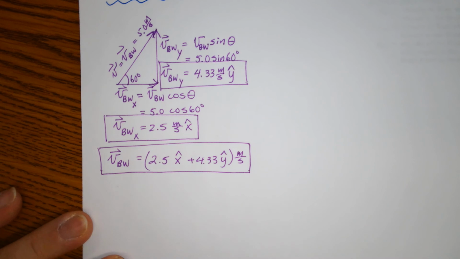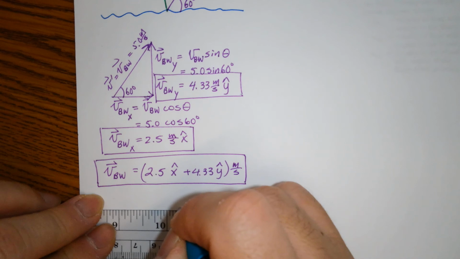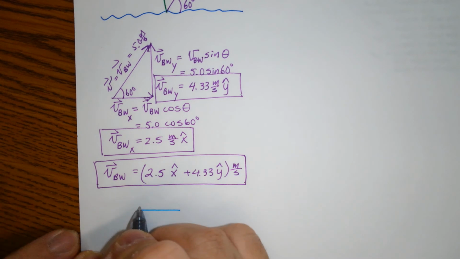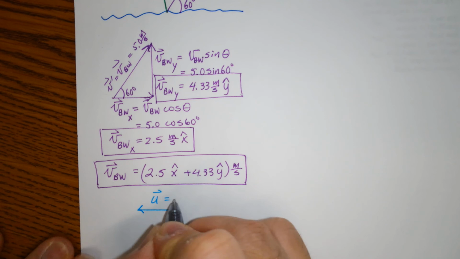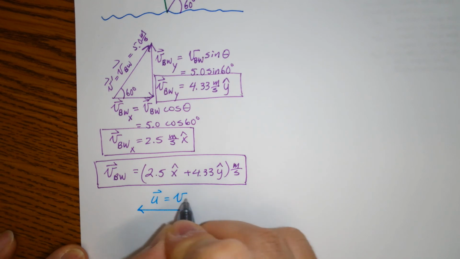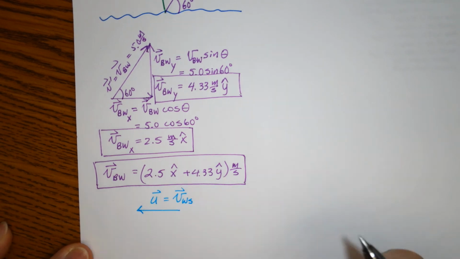Now let's take a look at U. Well, U is simply going in the negative x direction, right? That is V of water with respect to shore.